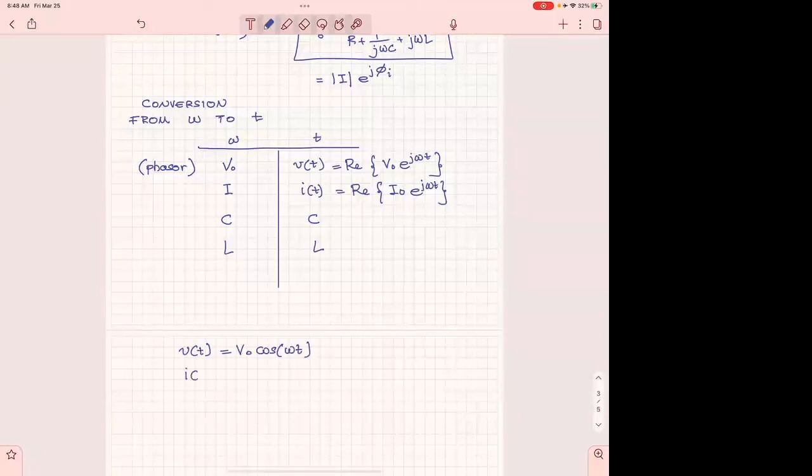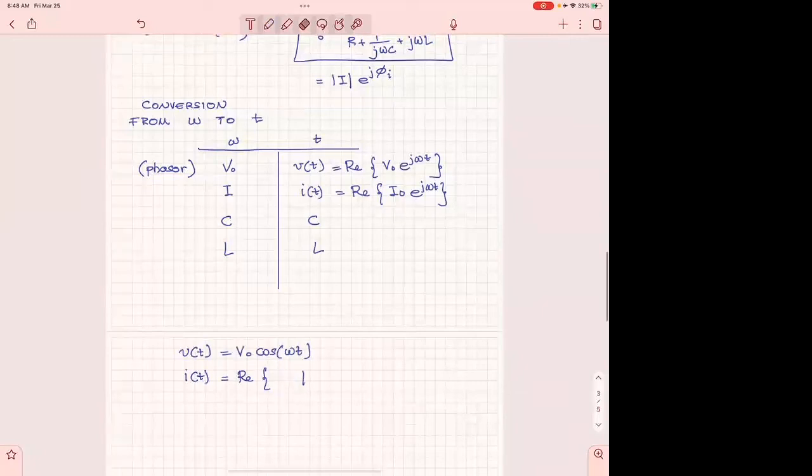And I of t in this circuit becomes the real part of the magnitude of I naught, e to the j phi sub I, e to the j omega t.